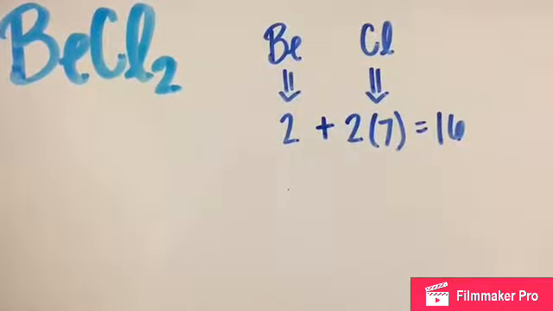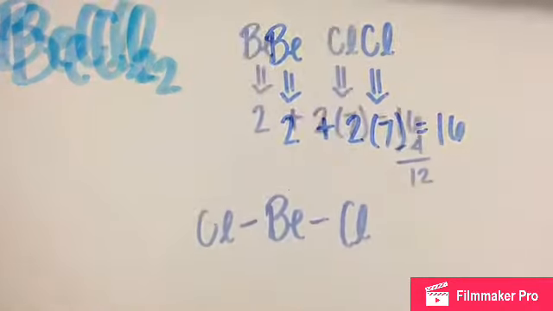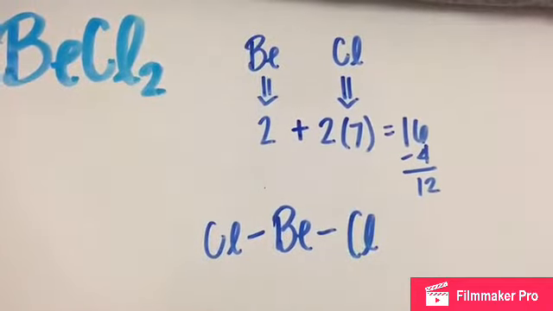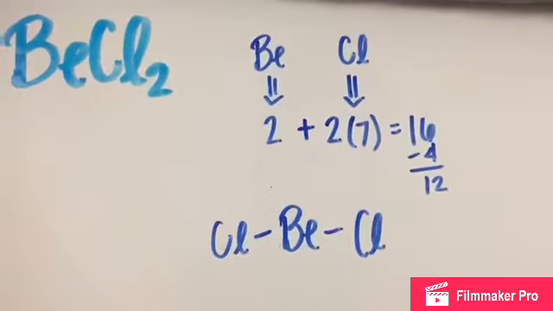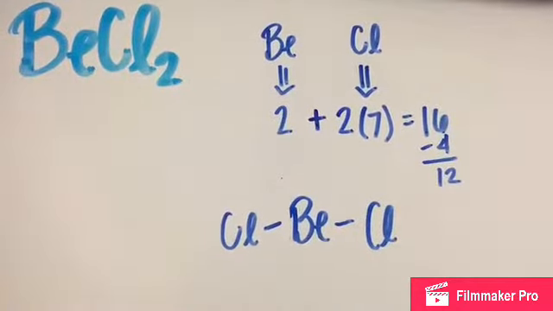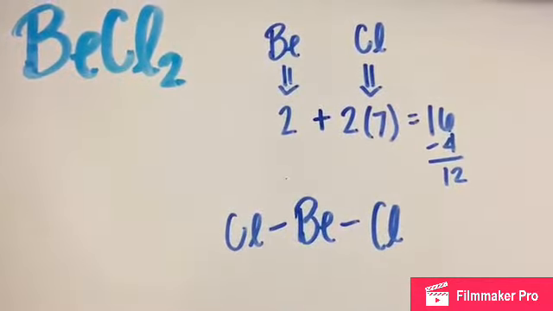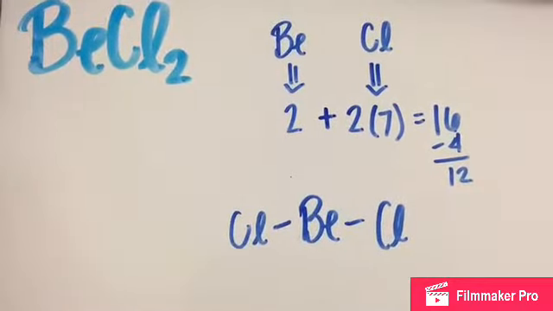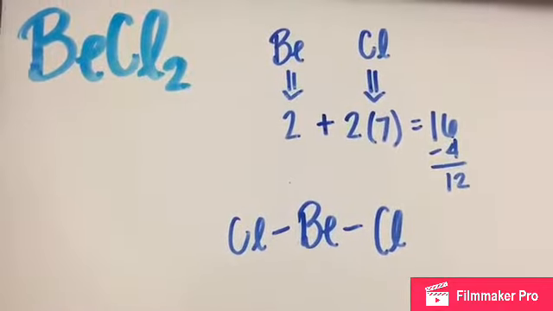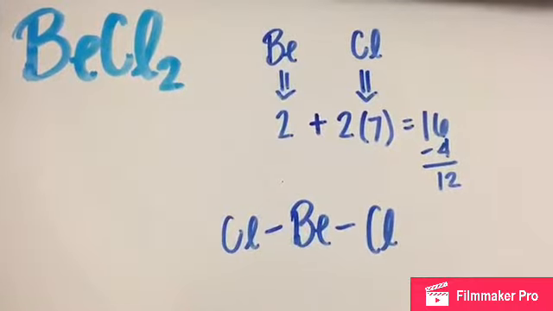We will now use this in the Lewis structure. So we have used 4 electrons in the bonds between the beryllium and chlorine atoms, 2 for each bond, and we subtract that from our total amount and we have 12 left over.